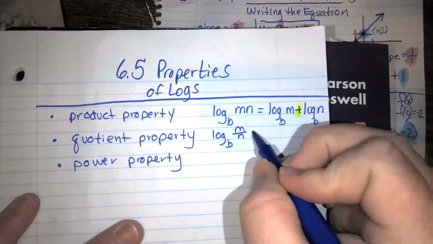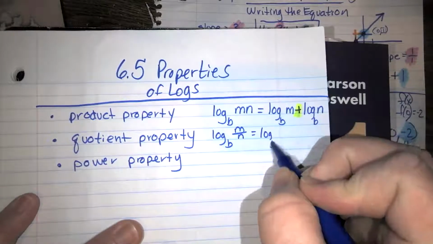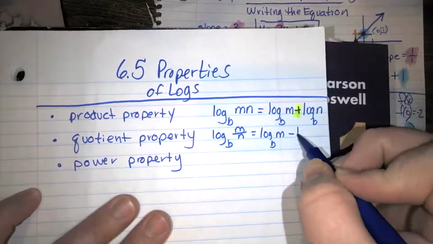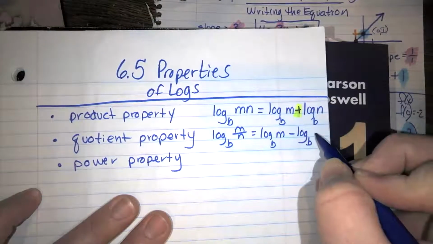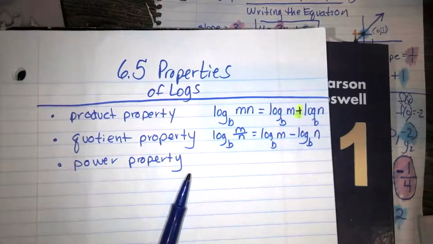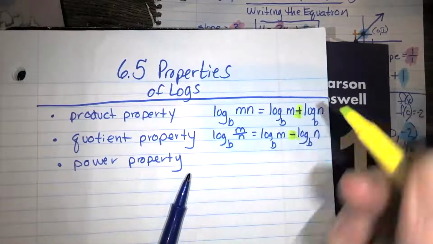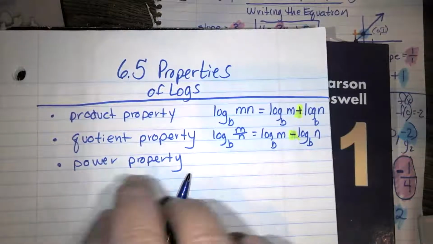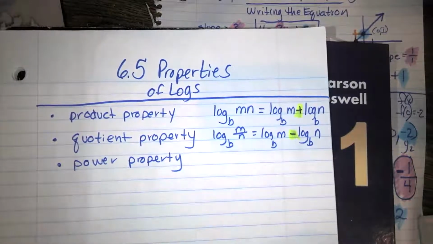With that being said, this should come as no surprise either. m over n, we can separate this as well with the numerator first, subtracting from it the denominator. Again, that should come as no surprise because when we divide, we subtract exponents. Okay, the last part might come as a surprise. It's kind of weird.